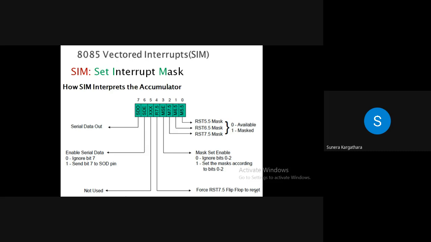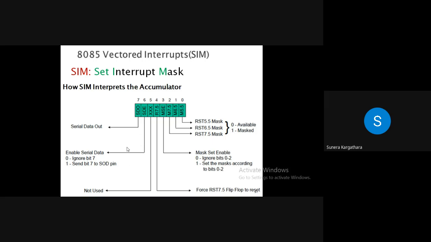Now RST 7.5, RST 6.5 and 5.5 are the three interrupts that we have, and we want to mask them or make them available. So first we need to configure our D3 bit, and then accordingly we can make the last three bits 0 or 1. That is the availability or masking of the particular interrupt.